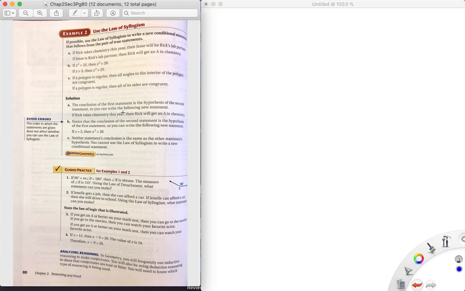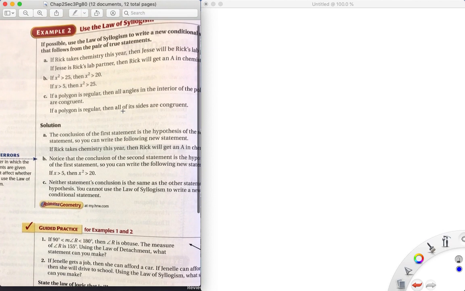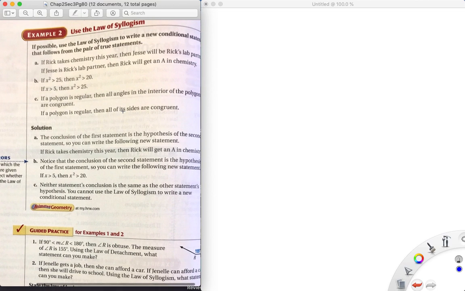Law of syllogism. An example that they have here. It says if Rick takes chemistry this year, then Jesse will be Rick's lab partner. So that's the first conditional.